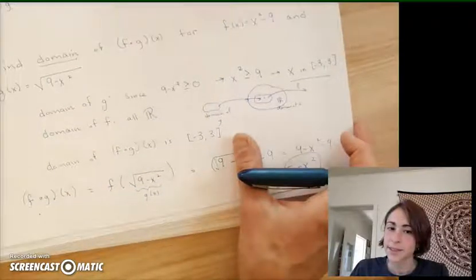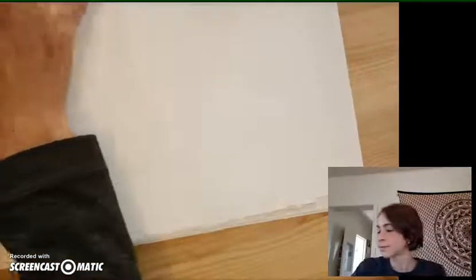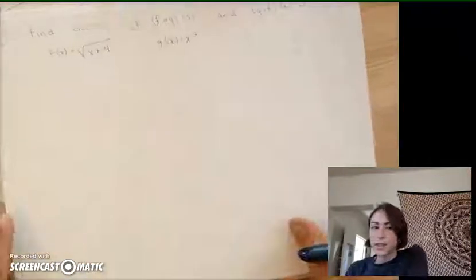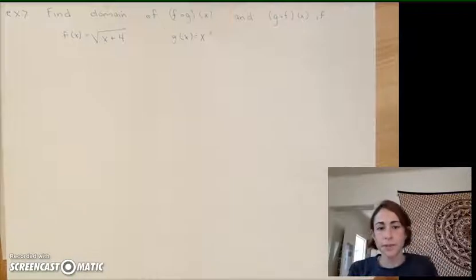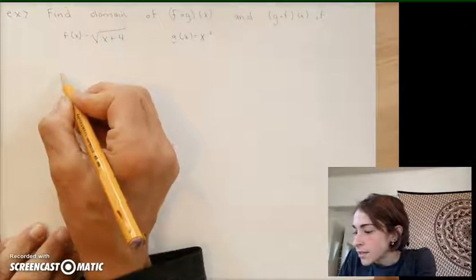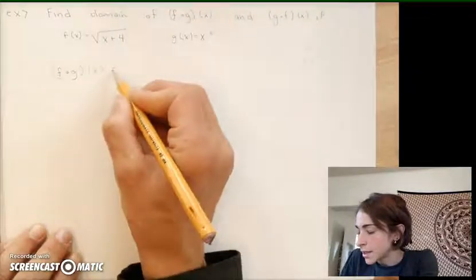Okay? One more example. Now I want to find the domain of both f composed with g and g composed with f. So again, let's first do f composed with g of x, just to see what it is and for the practice.